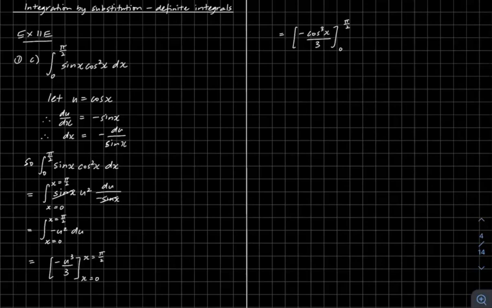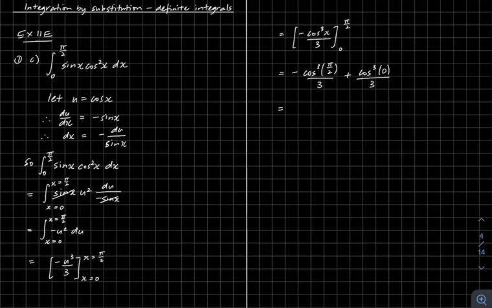So I can get rid of the x equals now because I've got my expression back in terms of x. So it's this, a negative of cos cubed of pi over 2 minus the negative, so plus cos cubed 0 over 3. Now we could have taken a factor of negative 1/3 out the front.